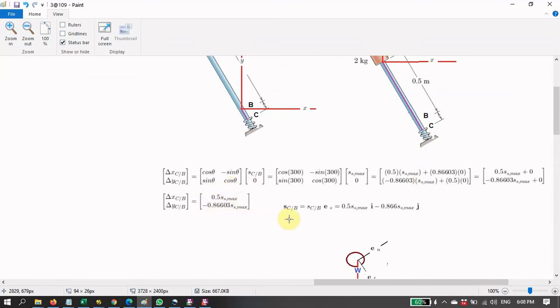But in the calculation here, we would like to know the distance travels from C relative to B, and then we get the expression for the distance travels, which is 0.5 times the maximum stretch in x direction, minus 0.66866 of the maximum stretch of the spring in y direction. The reason we are using the rectangular coordinate system is that we can evaluate the potential energy and the work done by the gravitational force.